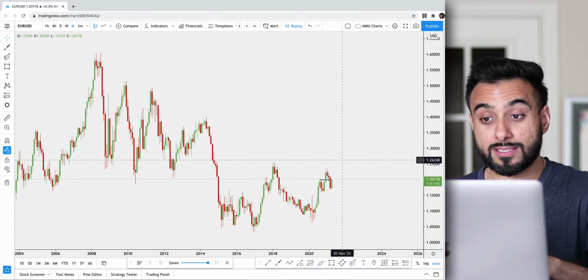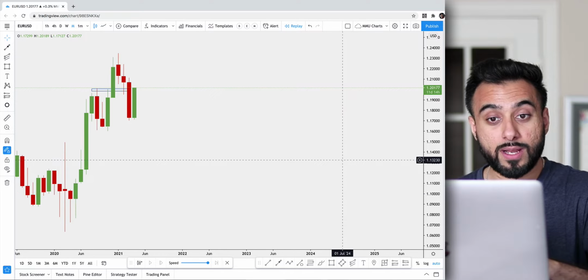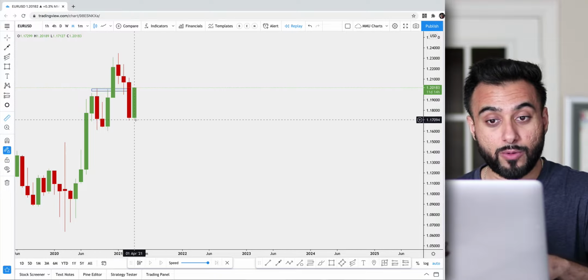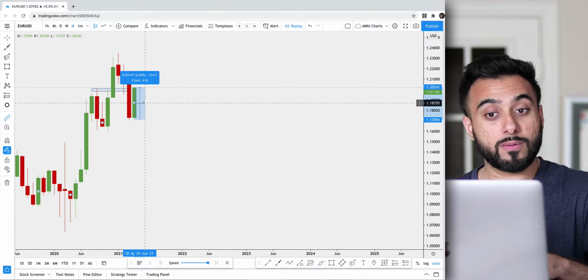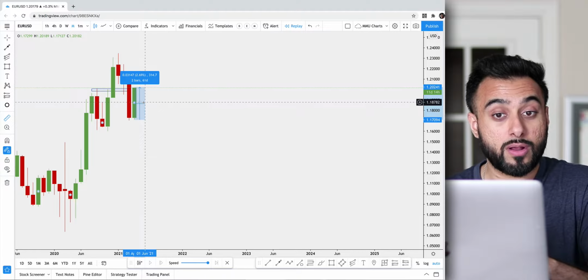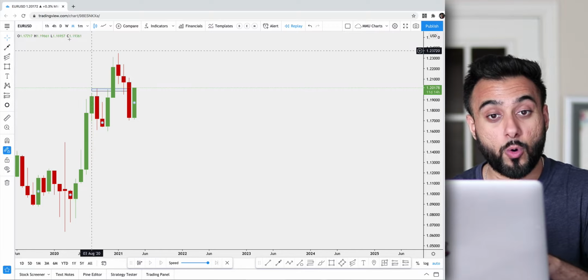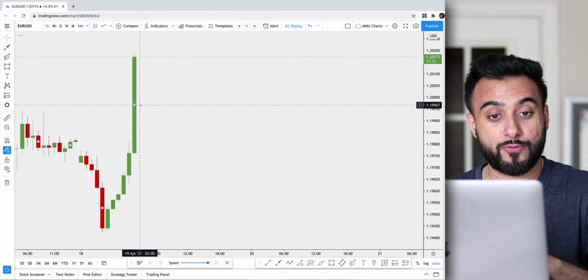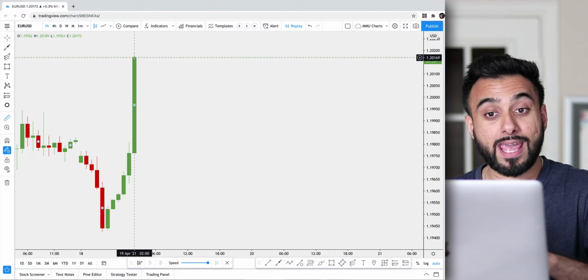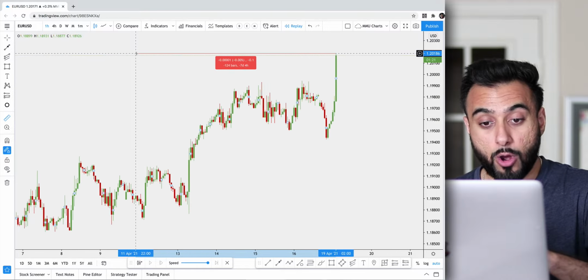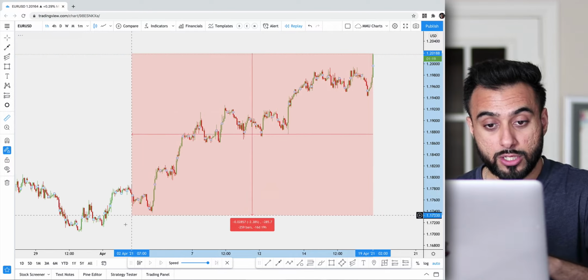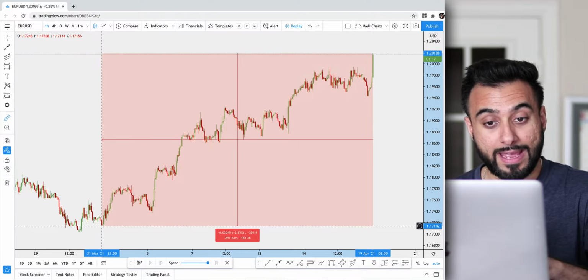Because if you look at this one green candle right here, just one vertical green bar, that is 1 month's worth of time. Now, going back to the 1 hour time frame, that one green candle you saw is actually all of this information starting from the beginning of April.